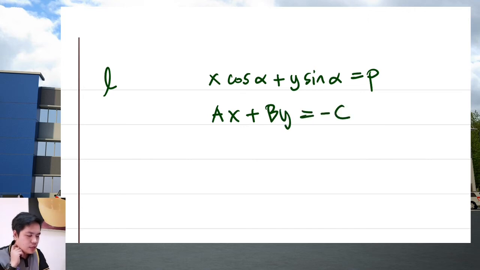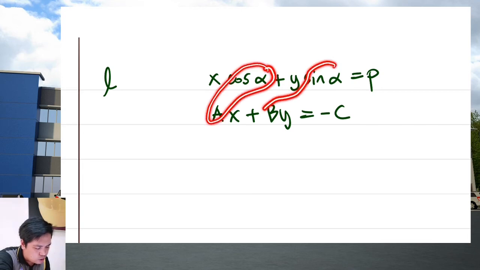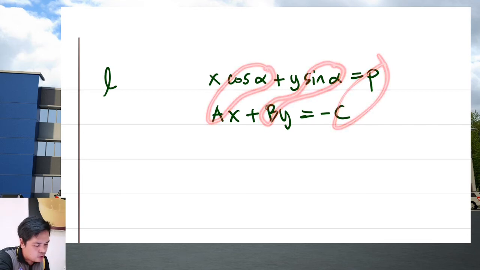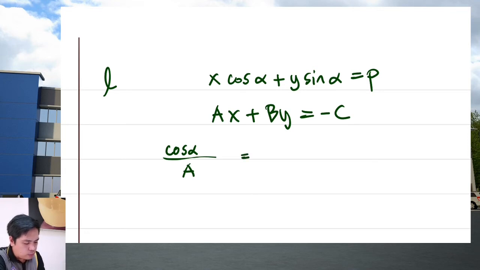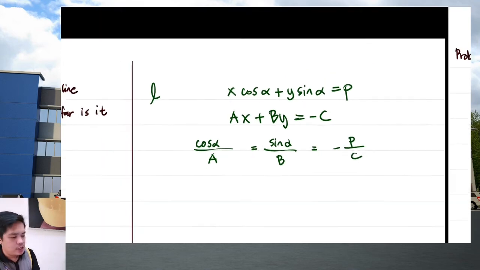That means that the ratio of their coefficients are equal. So, therefore, the ratio of cosine alpha over A is proportional to the ratio of sine alpha over B, and is proportional to the ratio of negative p over C.